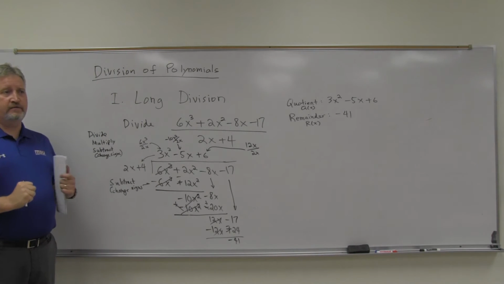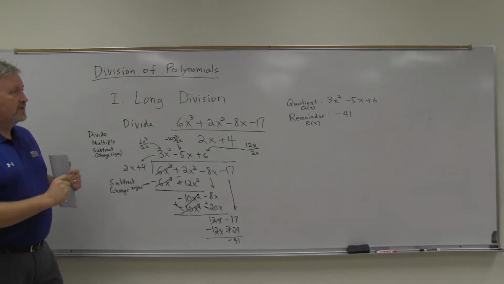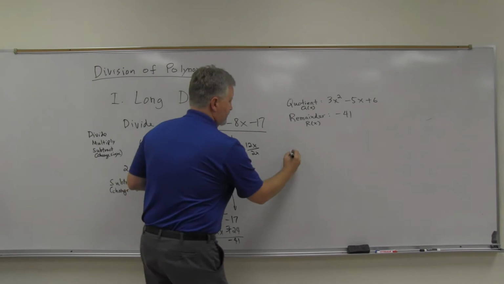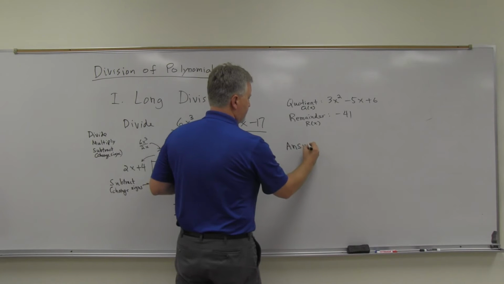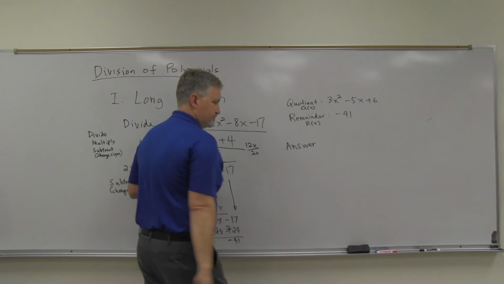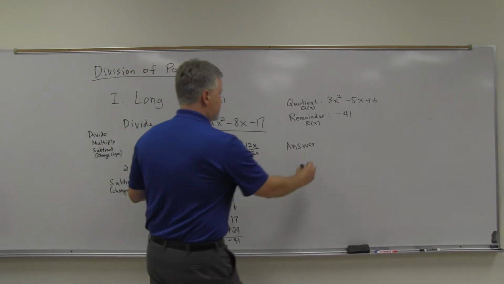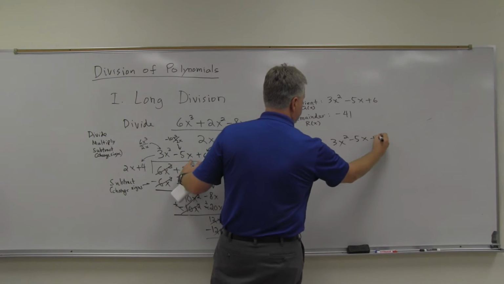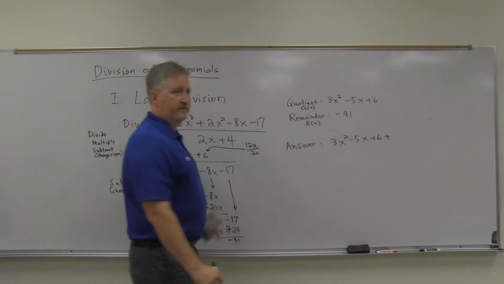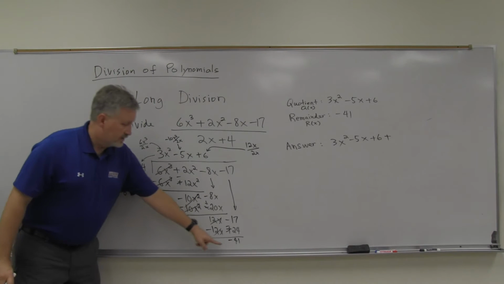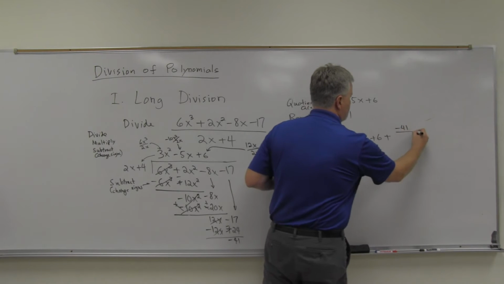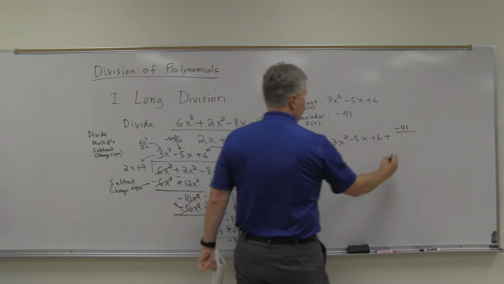one other way they may have us write this is, remember, our answer here, another way to write it, if it doesn't ask us just to give those particular ones, is we take the quotient, 3x squared minus 5x plus 6, and then add in the remainder over the original divisor.